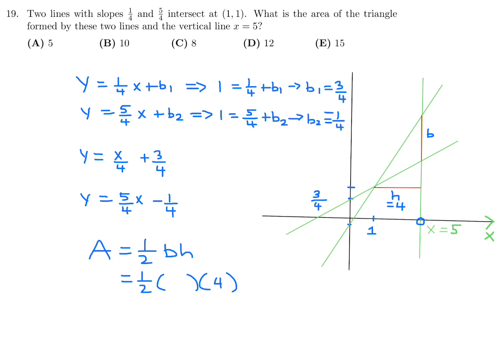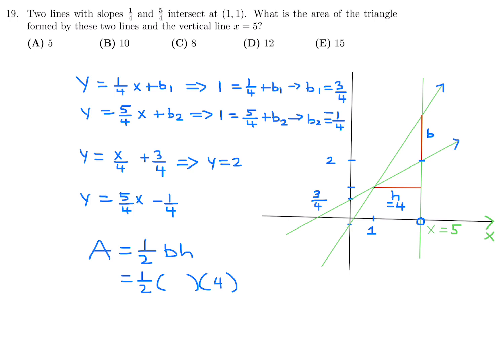And then for the base, I've got to figure out these points right here. So when x is 5, what is the y value for this graph, and what is the y value for that graph? Okay, when x is 5, this one gives me 5 over 4 plus 3 over 4, which would be 8 over 4, so y would be 2. So this point here is going to be 2 on the y-axis.